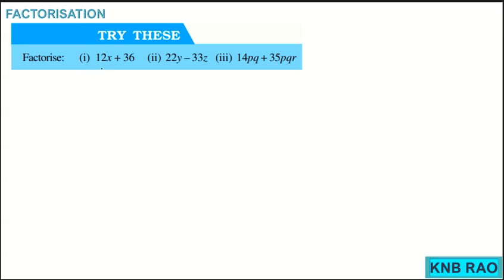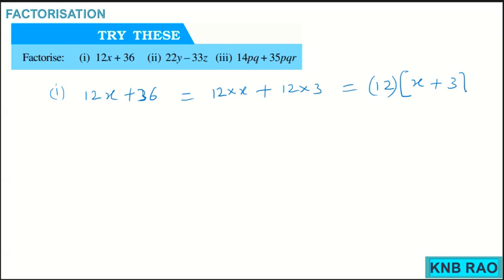What is the factorization of the first one? For the first one, 12x plus 36 can be written as 12 into x plus 12 into 3. So straight away taking 12 times of x plus 3. This is the factorization of the first one.